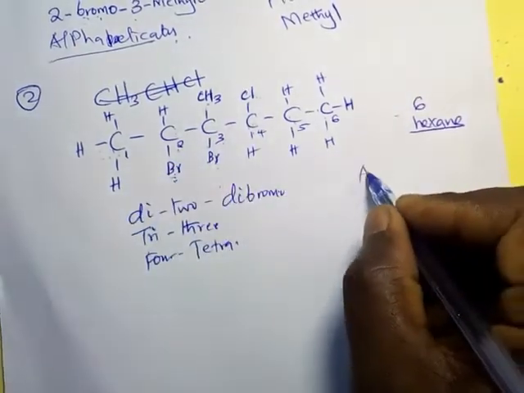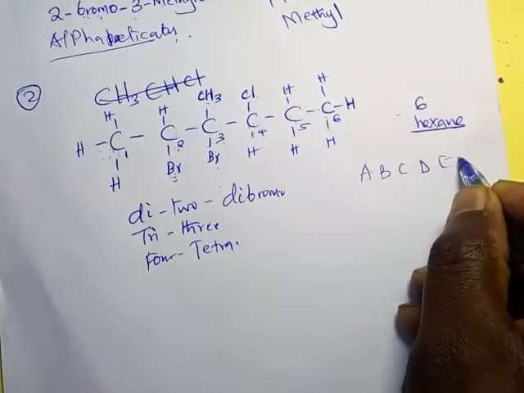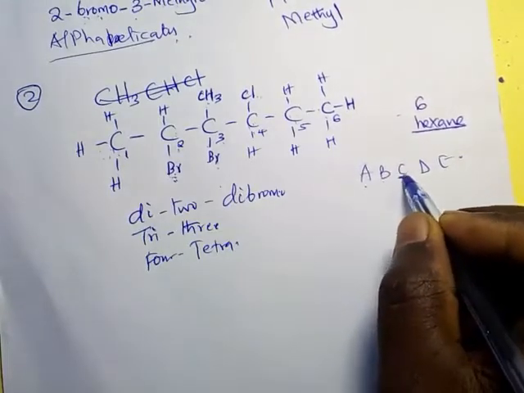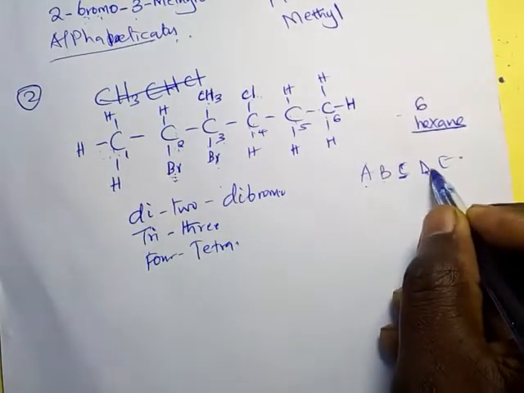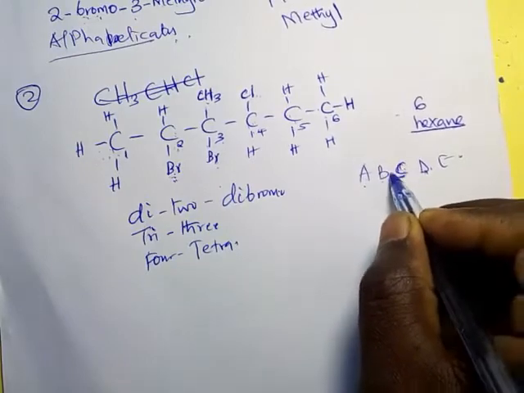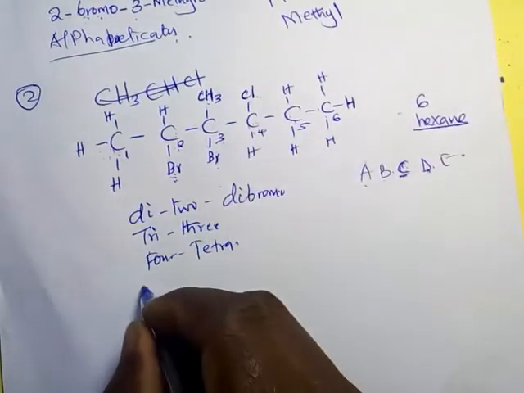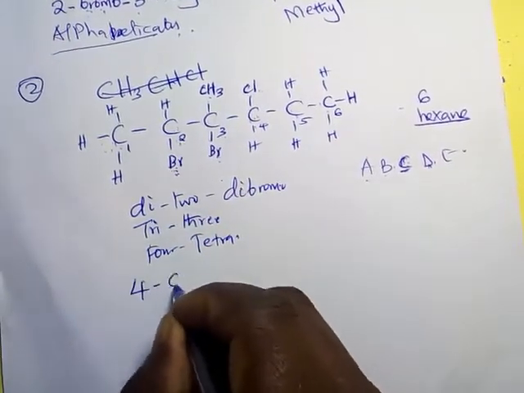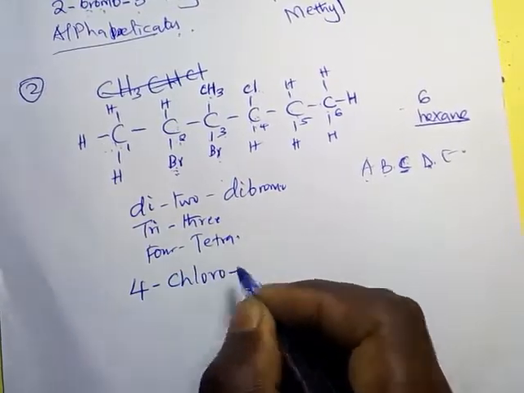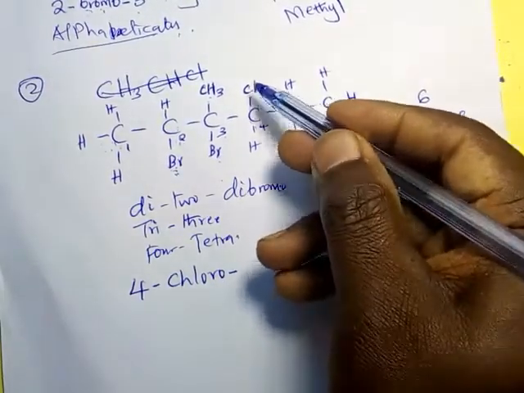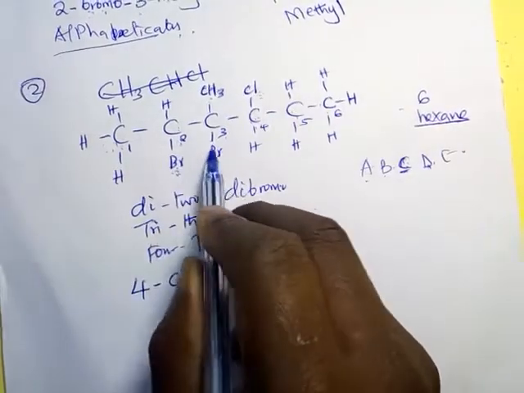So you saw A, B, C, D, E like that. So C, chloro, will come before di. Therefore chloro is supposed to come first. So that's why we say the name as 4-chloro. And then the bromo, there are 2 of them.